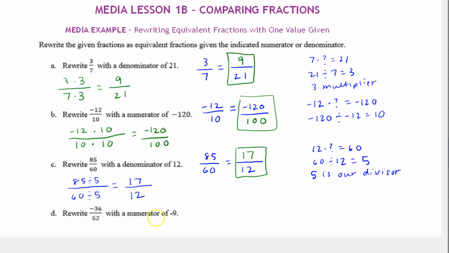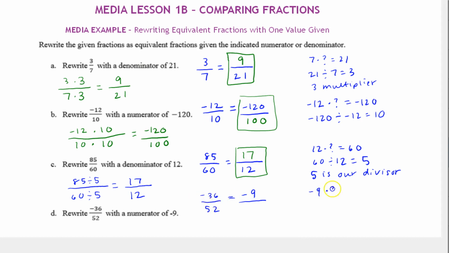Let's look at our last question. Rewrite negative 36 over 52 with a numerator of negative 9. So again, notice it said numerator. So that's the number on top. Okay. So we could think negative 9 times what number? Okay, and again, I'm working in this direction because these numbers are bigger.